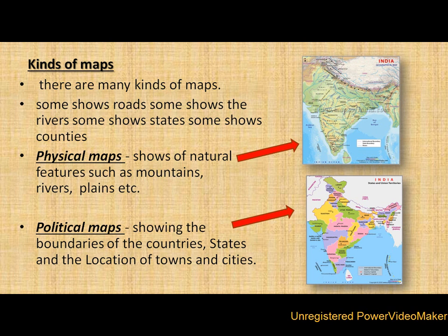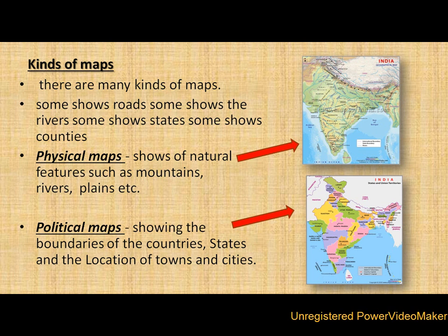So we can say that this map is a physical map. Once again, the map which shows natural features such as mountains, rivers, etc. is called a physical map.